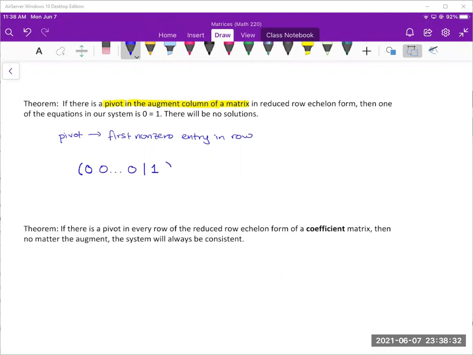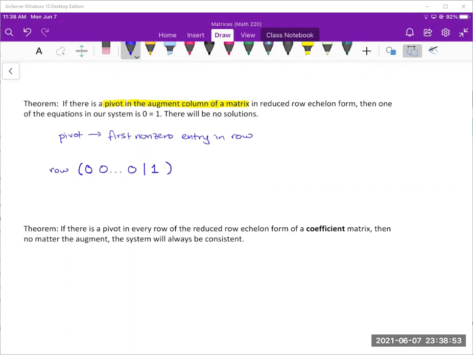And since we're in reduced row echelon form, we know that that value is going to be equal to 1. So the highlighted part, there's a pivot in the augment column of a matrix, means that we're going to have some row that looks like all zeros until we get to the augment and then a 1.